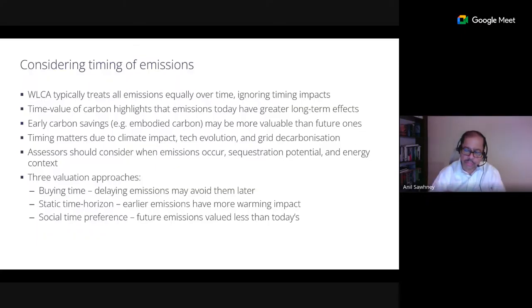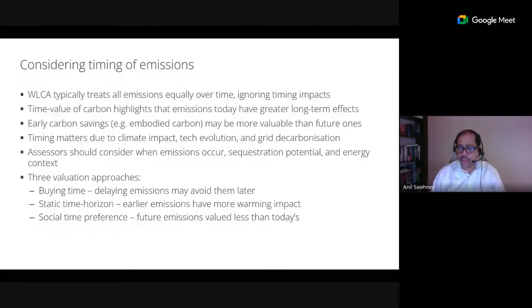If you want to go deeper into this, there is a report produced by Arup, which you can reference. In detail, it talks about 3 ways to look at it. One is what's called buying time theory, which is essentially that delaying emissions may avoid them later.